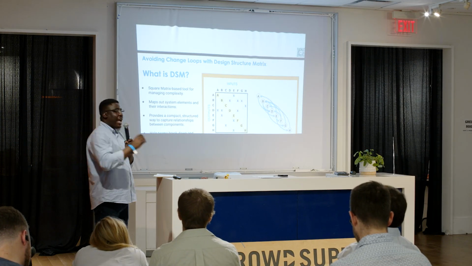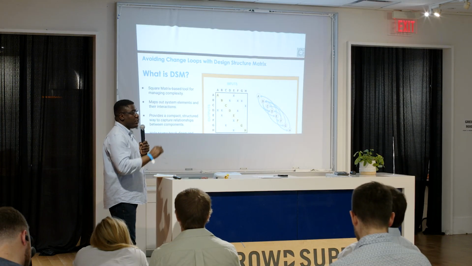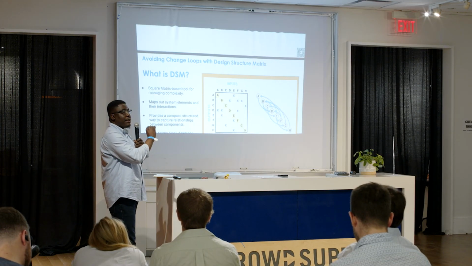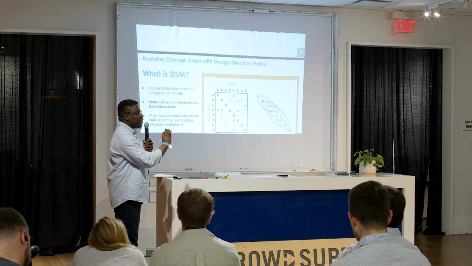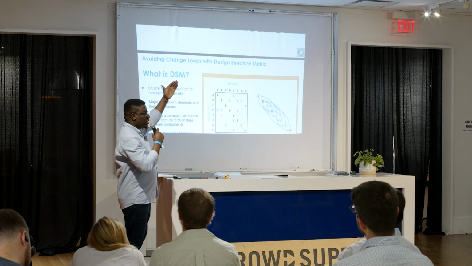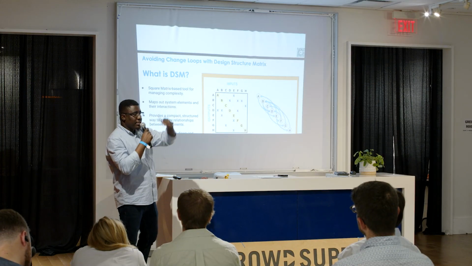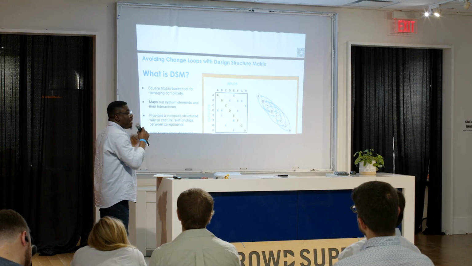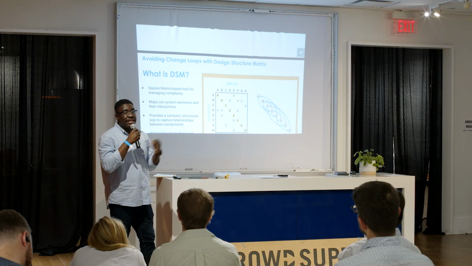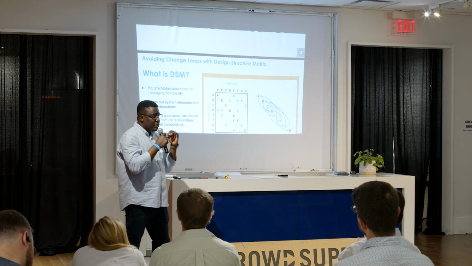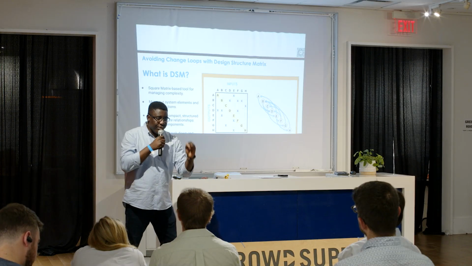So I need to improve the speed of my design. I write it down. I need to improve my battery, my power supply. I need to do X. I need to do Y. I need to do Z. So you provide all of those on the horizontal, and then you have them on the vertical also. And then you start mapping out those system elements and the interactions between them. So changing the battery is going to affect A, B, C, D.